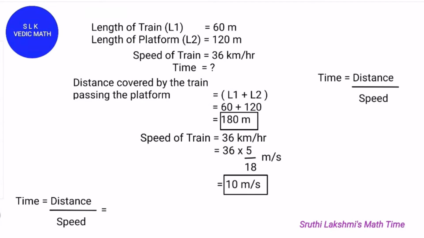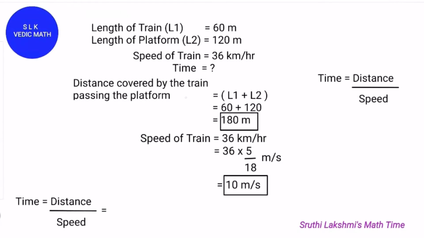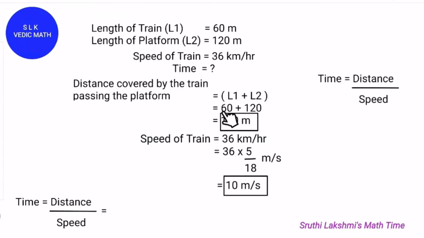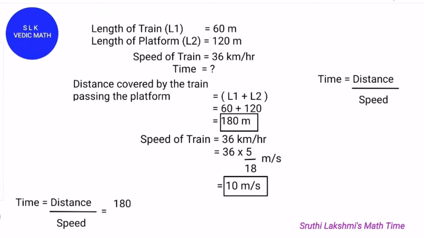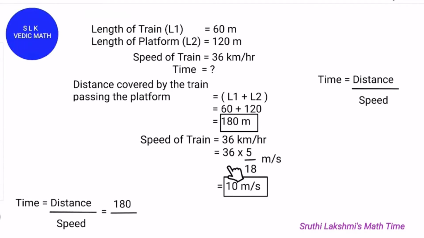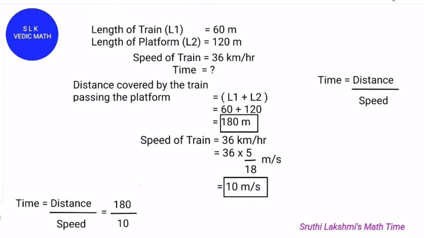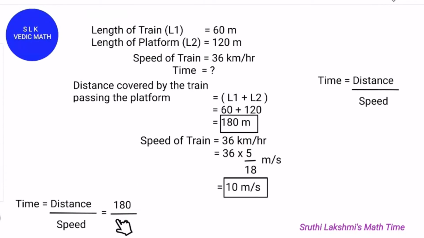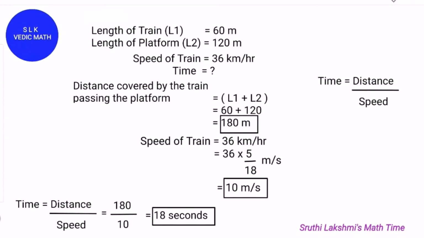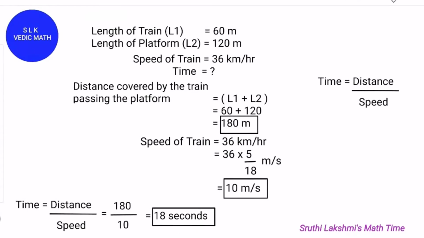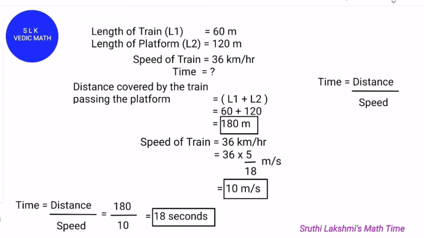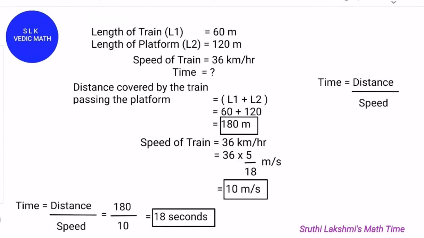So the distance covered by the train passing the platform is 180 meters divided by the speed, and the speed is 10 meters per second. So 180 divided by 10, which is 18. So it will take 18 seconds for the train to cross the platform.